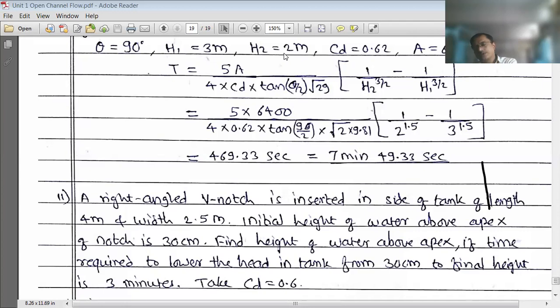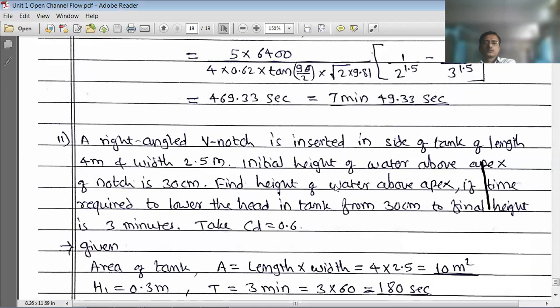Okay. Now let us solve the next problem here. A right angled V notch is inserted in a side of tank of length 4 meter and width 2.5 meter.